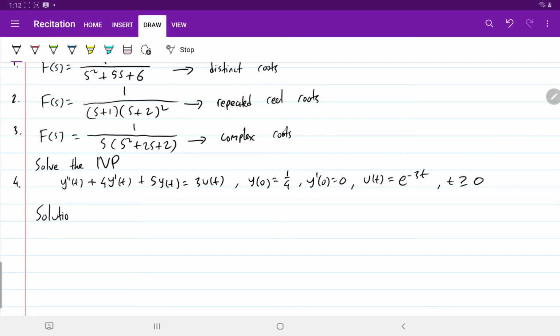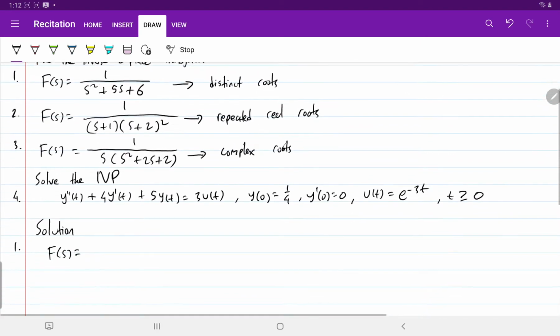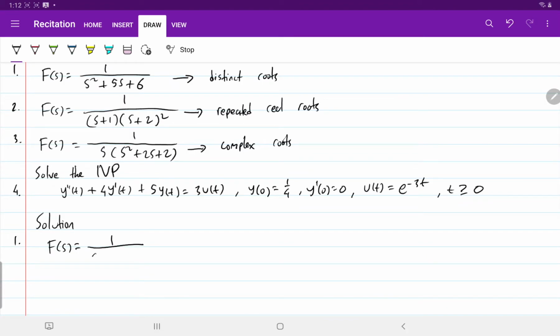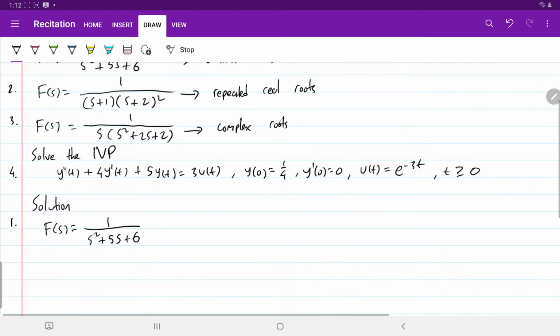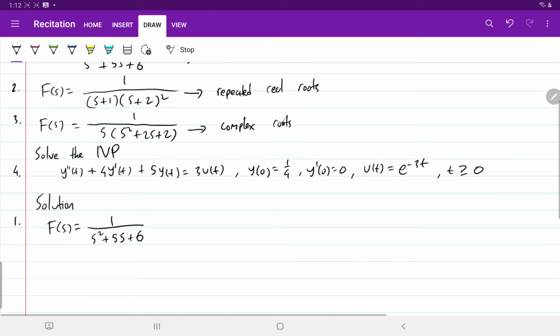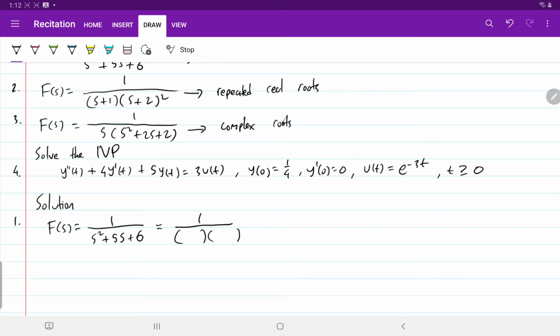Okay, the first problem we have F of s is 1 over s squared plus 5s plus 6. We know that this has two distinct real roots, so we can just factorize it. 6 is 2 times 3, so you have s plus 2 and s plus 3.